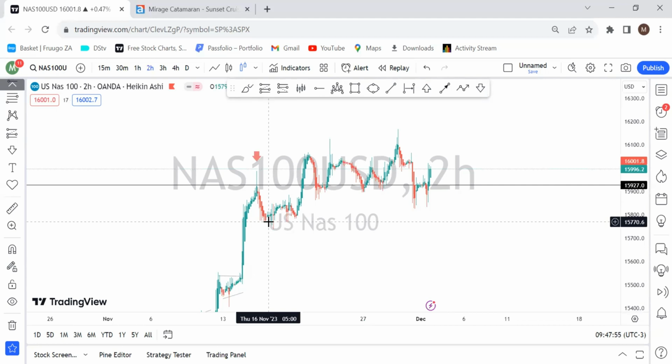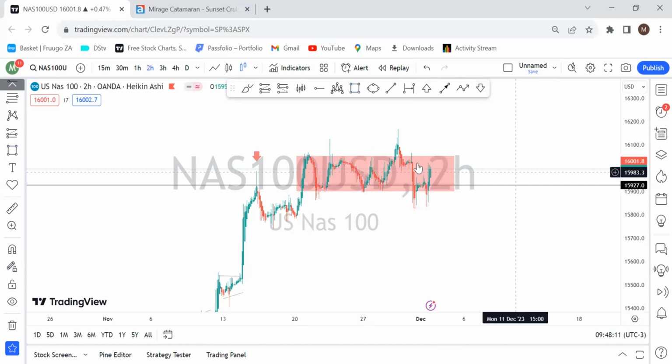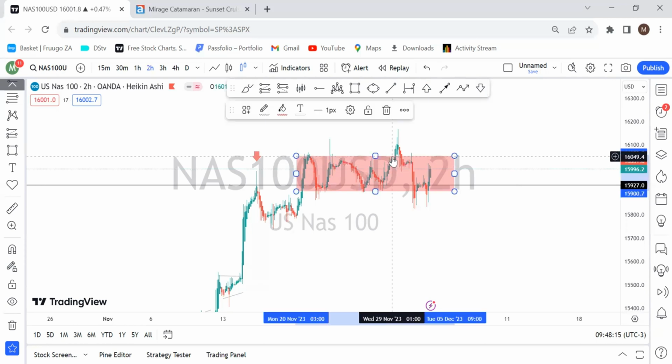It only gave us what we call a wick and then closed below it. So we're not really going to pay much attention to that. What we're interested in is from the point where the market was breaking that line and going across it or past it. So we're going to focus around this area.